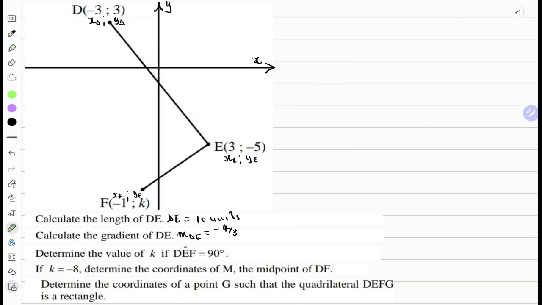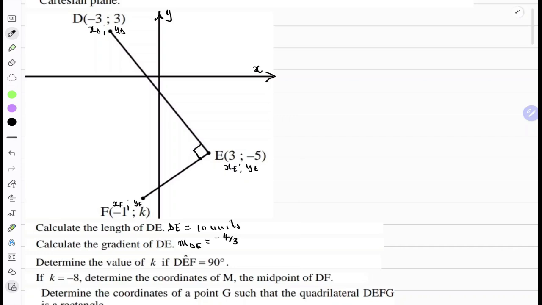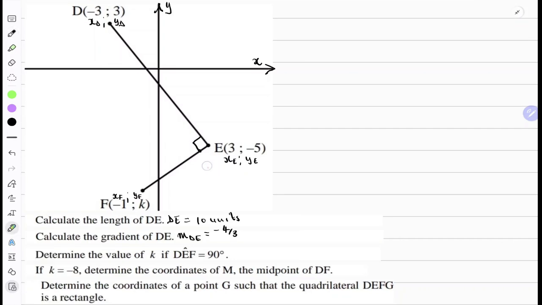So moving on to the next question, it says determine the value of k if DEF is 90 degrees. So the angle here they're telling us is 90 degrees. So if the angle here is 90 degrees, it means the product of the gradient of this line and that line should give us -1. So let's use that knowledge to find the value of k.